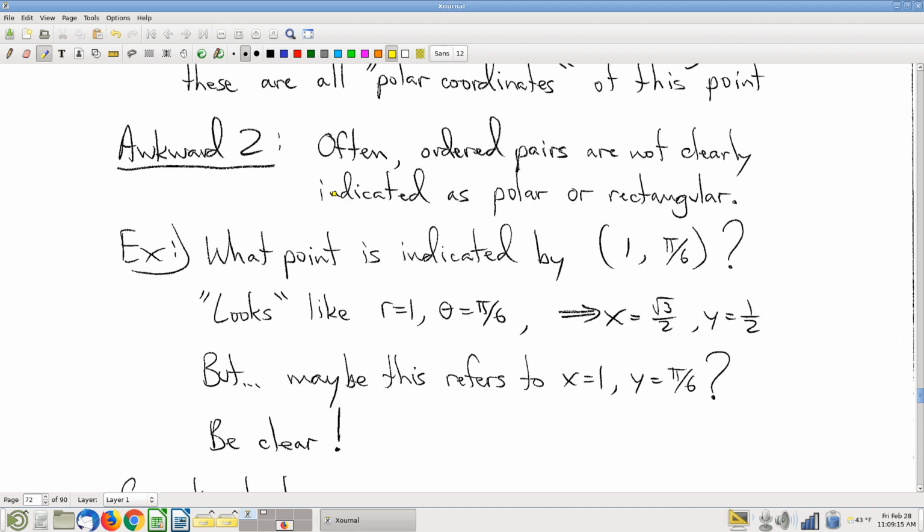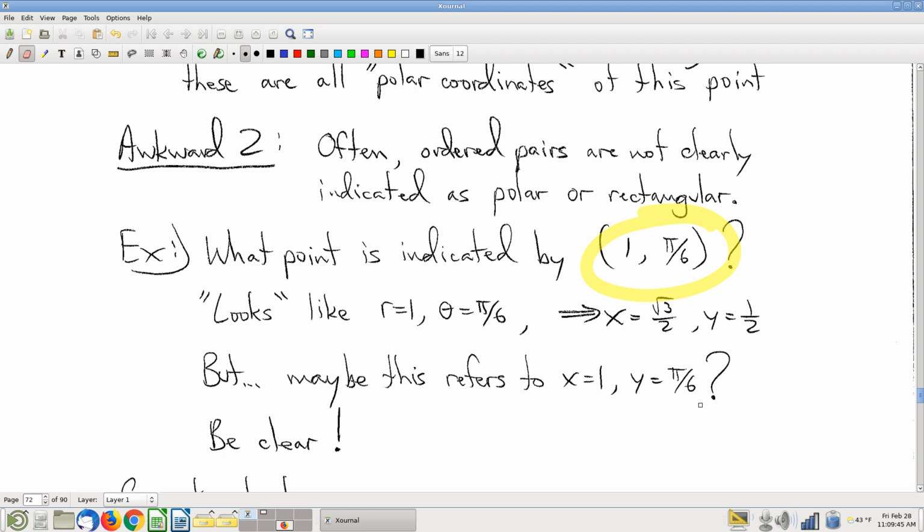Another little micro thing, and let me not go too slow on this, but when you write down a point, sometimes it's not clear what you are talking about. So if I write down 1 comma pi over 6, cosmetically you're like, oh hey, pi over 6, that kind of looks like an angle. So this is probably r comma theta, right? But let's just take a moment to recognize there is a point where x is 1 and y is pi over 6.